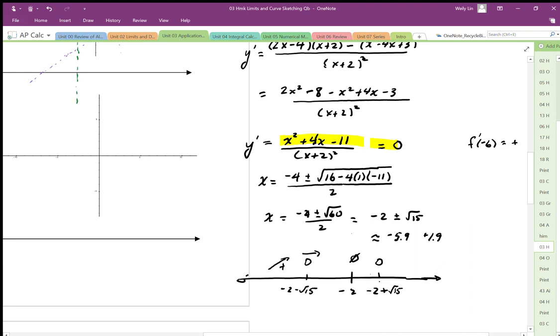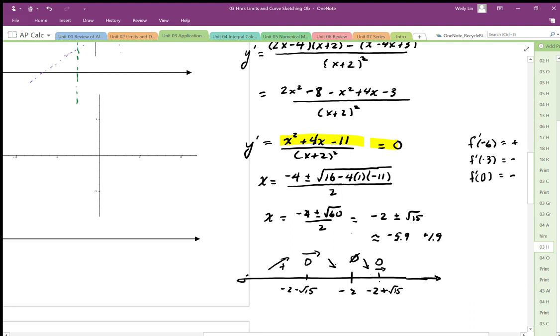And choosing some number in here, let's choose -3. When I plug -3 into here, I end up with negative. So it's going down. Choose a number between -2 and 1.2. So I'm going to use f prime at 0. Okay, f prime at 0 is going to be negative. So it's going to be going down through here.